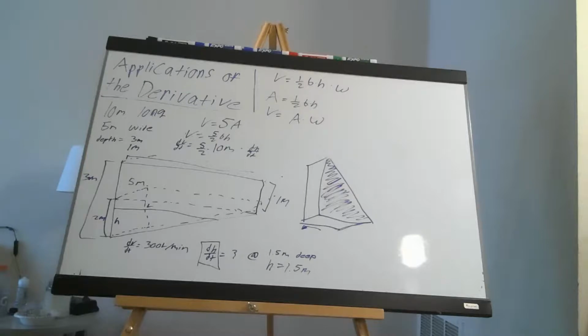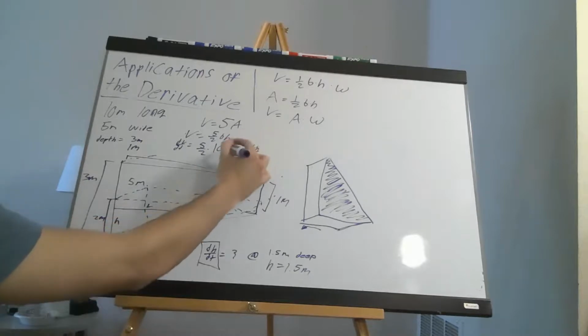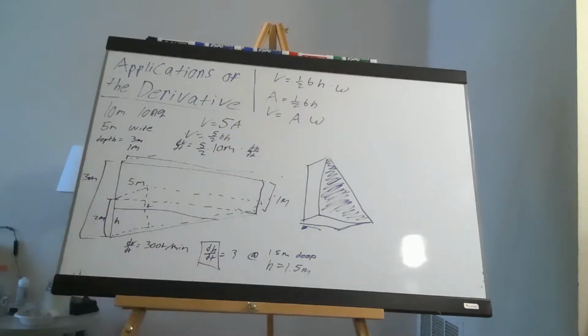So dV dt, or liters. No, meters. So we get 5/2 all h.